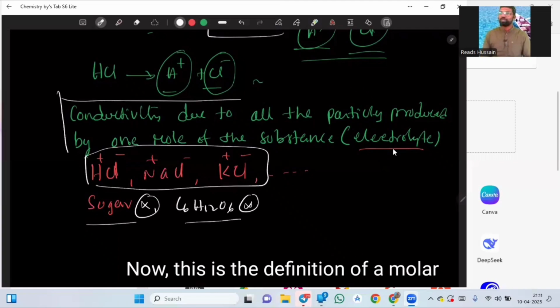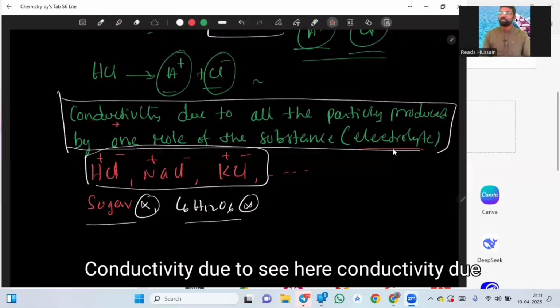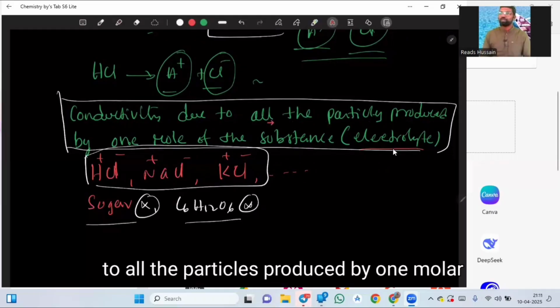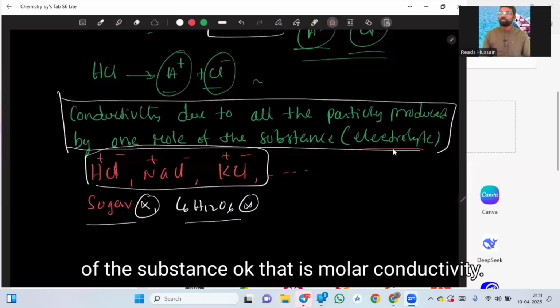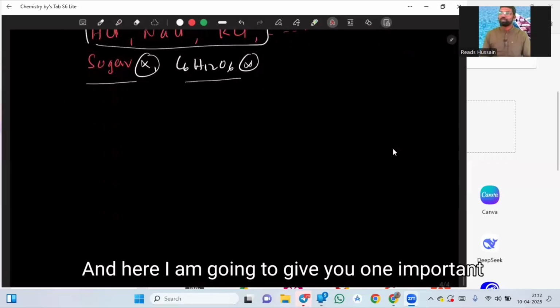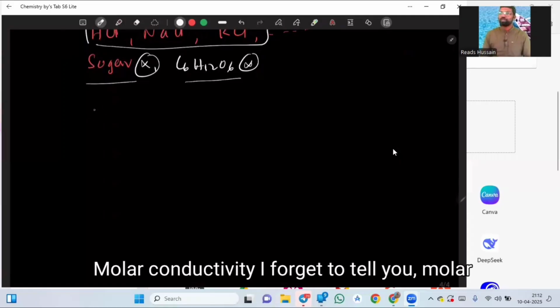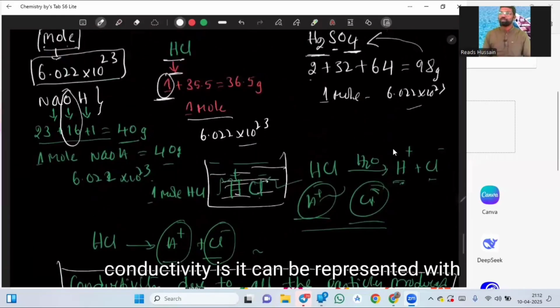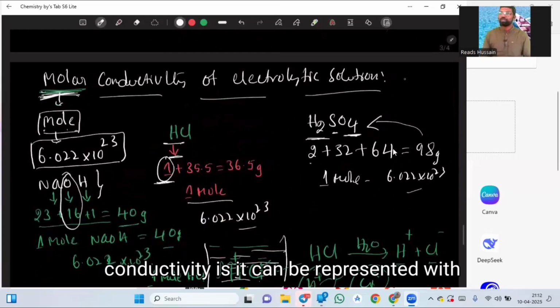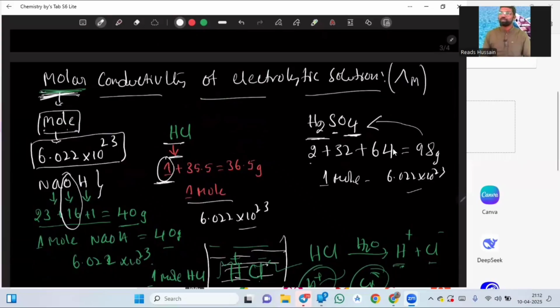Now this is the definition of molar conductance: conductivity due to all the particles produced by 1 mole of the substance. That is molar conductivity. And here I am going to give you one important formula. All of you note down. Molar conductivity, I forgot to tell you, is represented with the symbol lambda m.